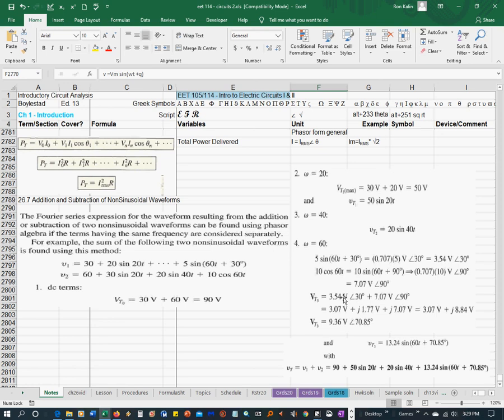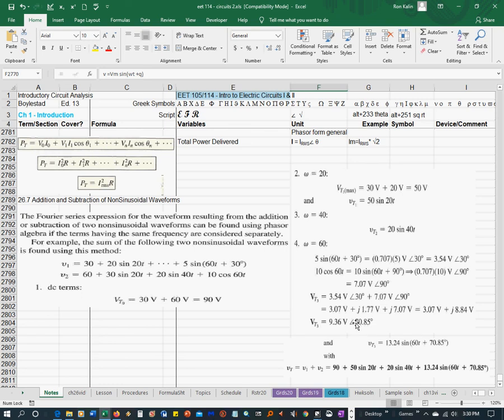Then you add these two together. The way you add them together is you convert them to rectangular form, like this. This is the first term converted. We went over that. And you convert this term into its rectangular form, which is just j7.07, and the 3.07, and then you add these two terms together, and then you convert back to polar, and this is your third term.